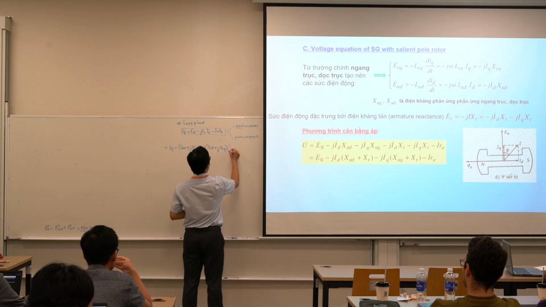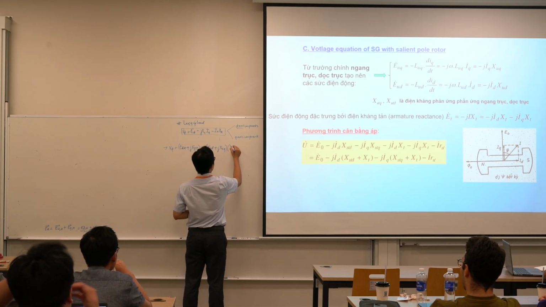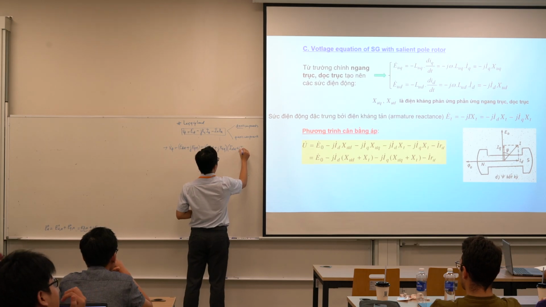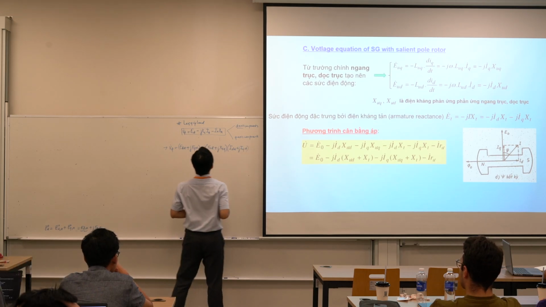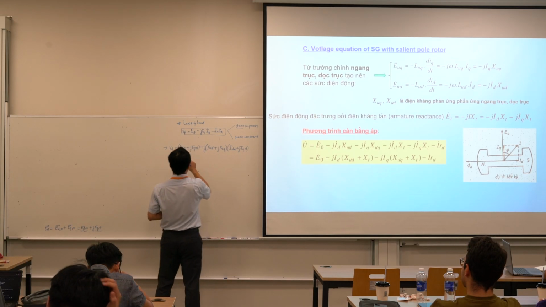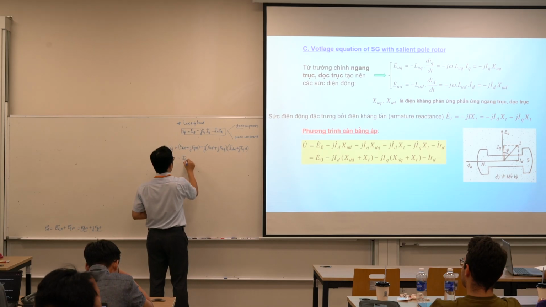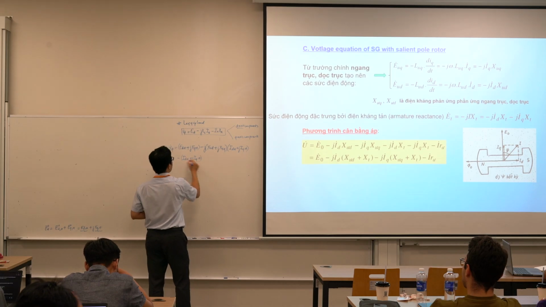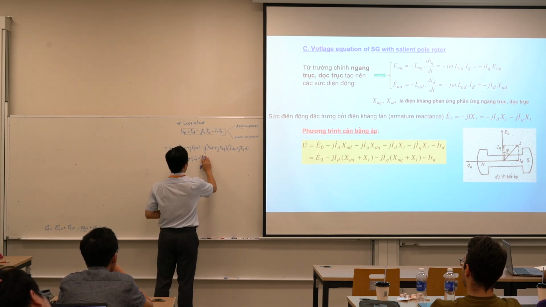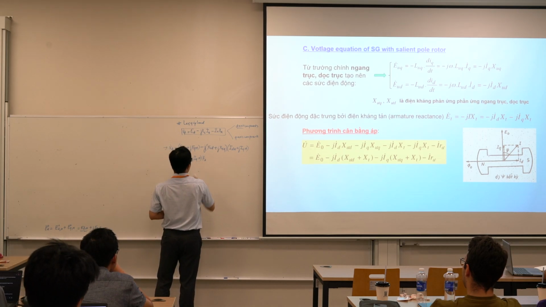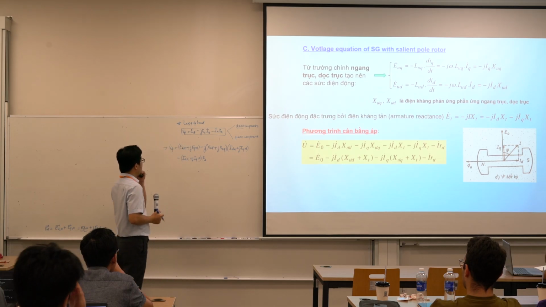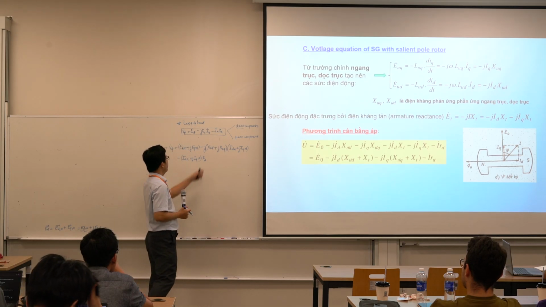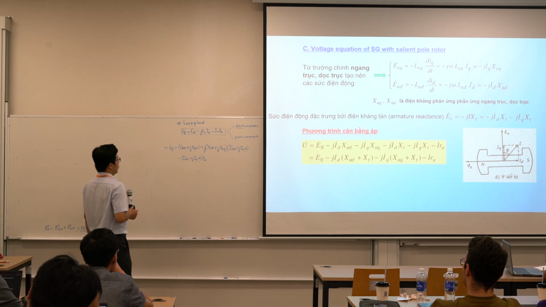IA we have IDA plus jIQA. Okay, and then it's minus IDA plus jIQA times RA. So we get this one.